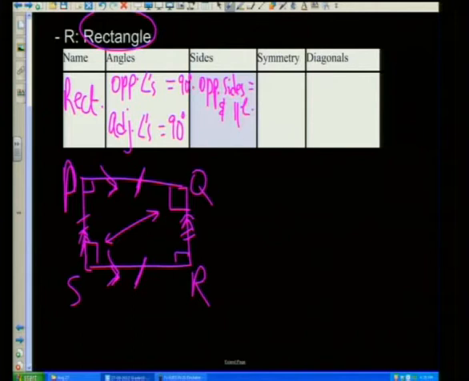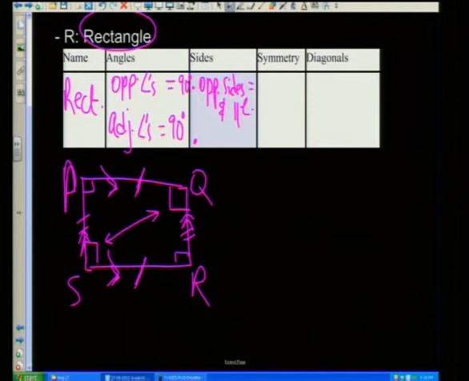So I've talked about the opposite ones. You've got basically PQ parallel to SR and equal to SR, PS parallel to QR and equal to QR. Okay, so opposite sides are equal and parallel. I think that's good enough.